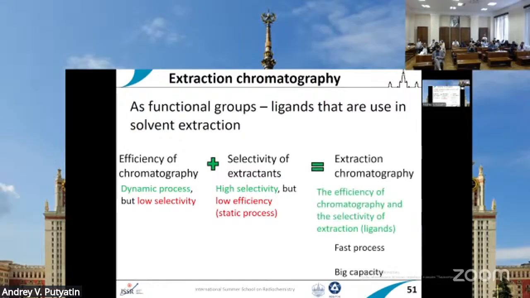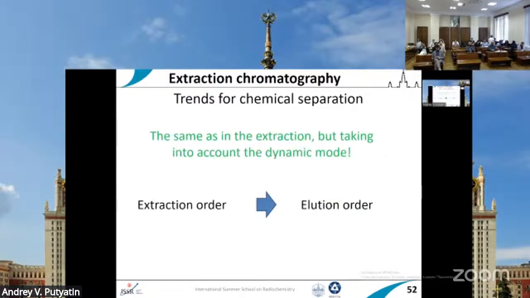Thus, a combination of the two good sides of these methods gives us extraction chromatography: very fast, very efficient, with higher capacity, but still not very high. So for high capacity, we use only liquid extraction or precipitation.